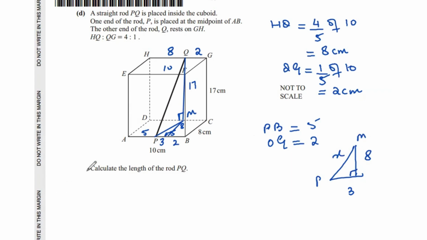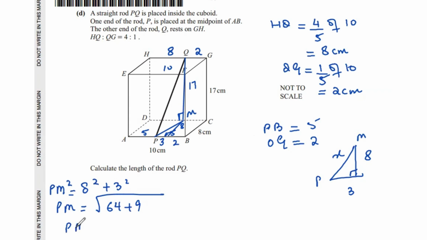So we can find this using Pythagoras. 8 squared plus 3 squared equals PM squared. So PM equals square root of 64 plus 9. And that gives us 8.54 centimeters. Now using this 8.54 and this 17, we can find PQ.